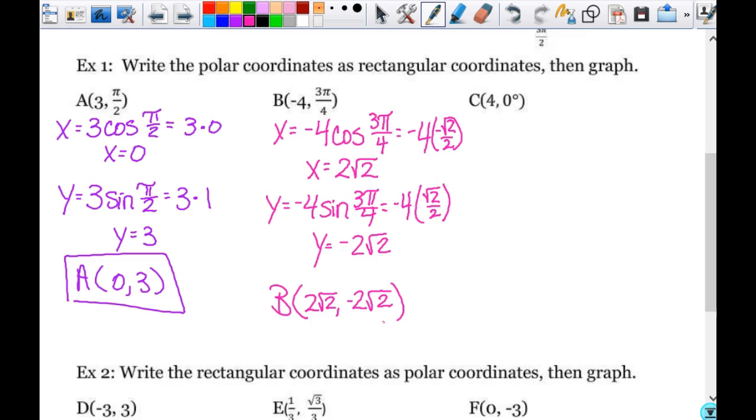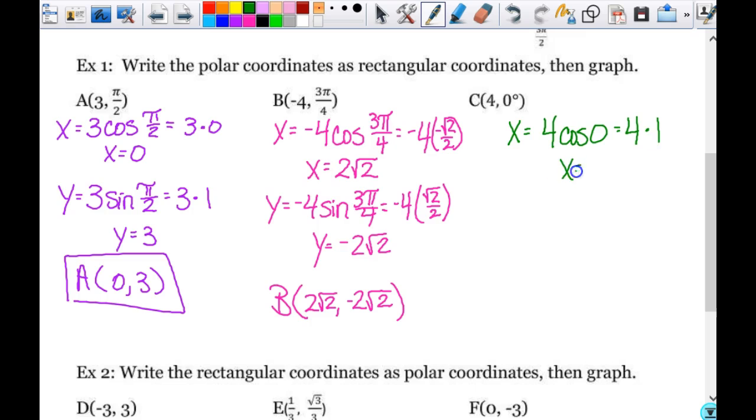We good? All right. C, x equals 4 cosine of 0. And these could be in degrees or radians. When it's 0, it doesn't really matter, but yeah, degrees or radians they could give you. This gives me 4 times, what's the cosine of 0? 1.